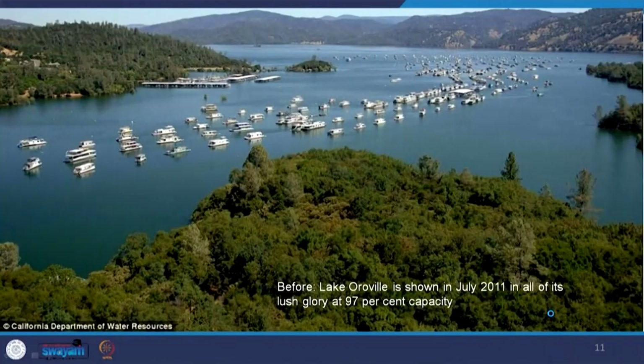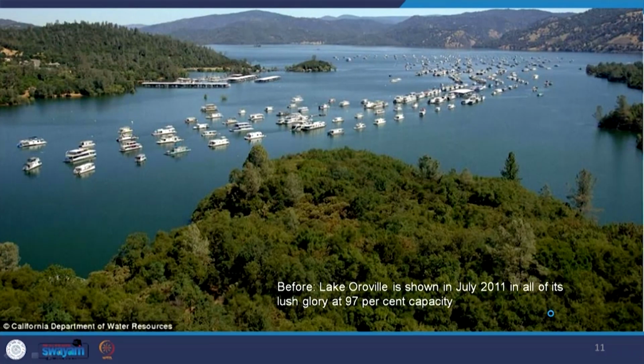This was a sudden change, that is why it was evident, it was visible, but such changes are happening worldwide, across the world. This is again Lake Oroville as in July 2011, where it is full to its brim, people are enjoying.